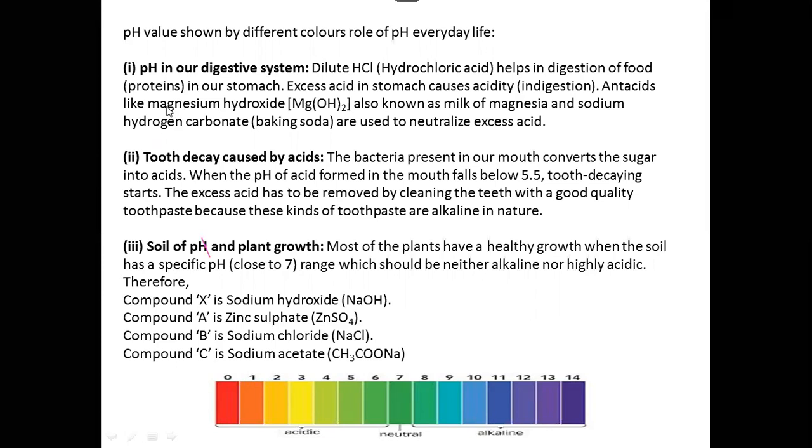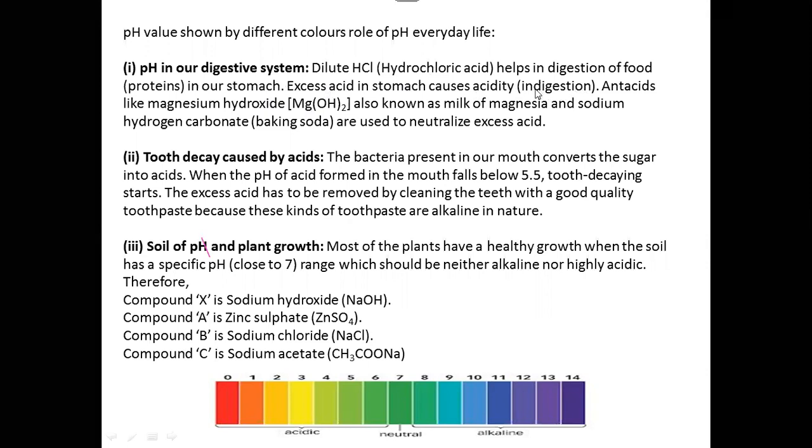Now, applications of pH in everyday life. The first application is pH in our digestive system. In our stomach, dilute hydrochloric acid is secreted and it is used for digestion of food.